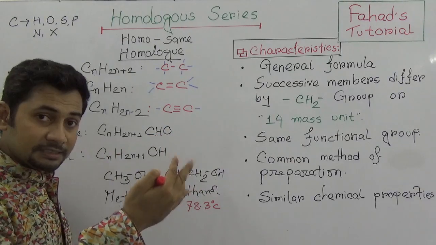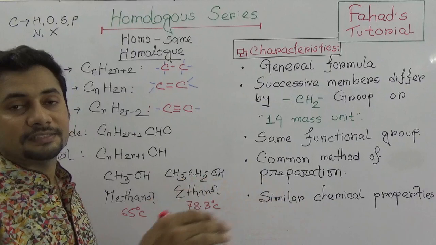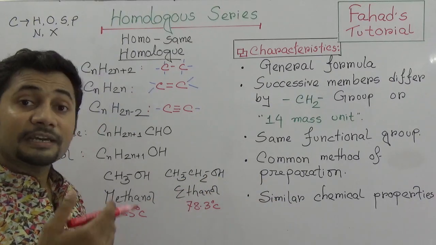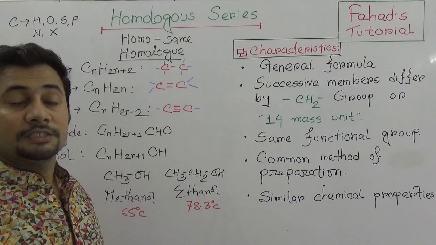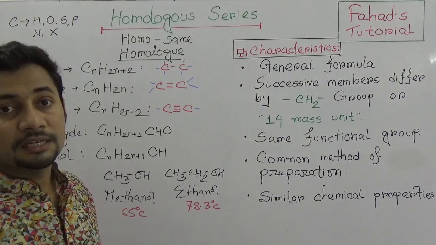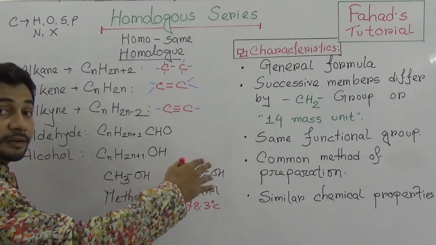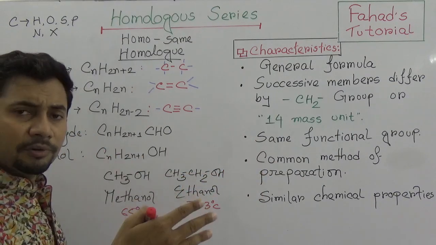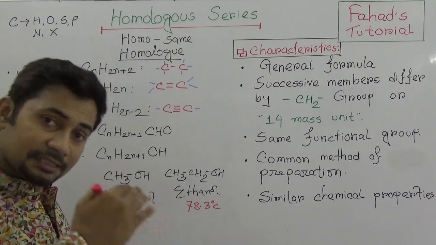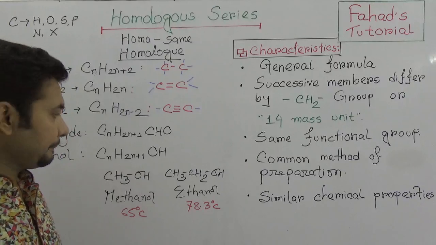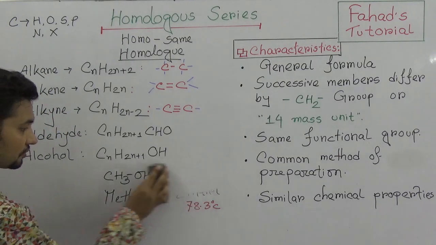Gradually it increases when the number of carbon increases in each homologous series. Because when carbon number is increasing, the sigma bond is also increasing. So there will be more requirement of heat if we need to break down the bond. So when the number of carbon increases, the boiling point, the melting point, density and some other properties gradually increase. So alcohol is CnH2n+1 OH.